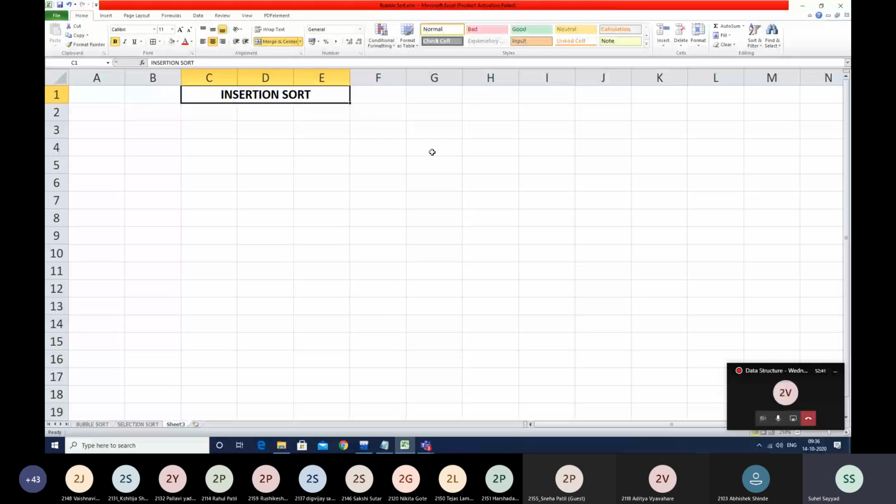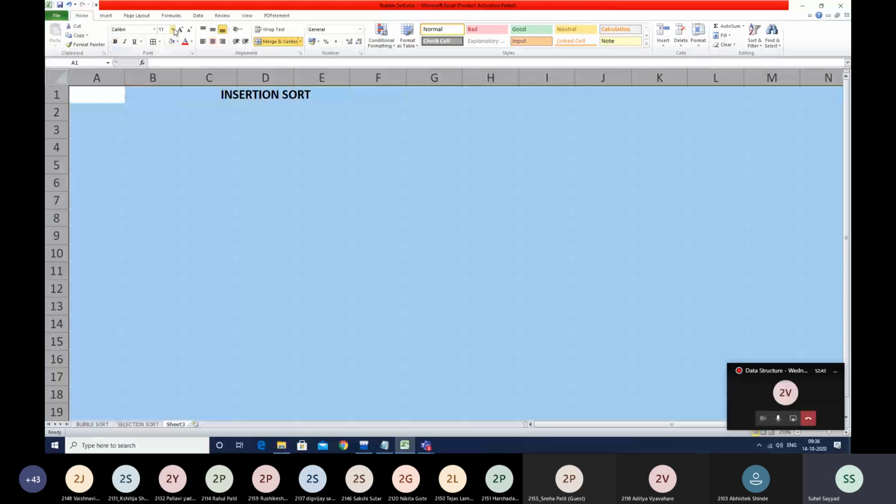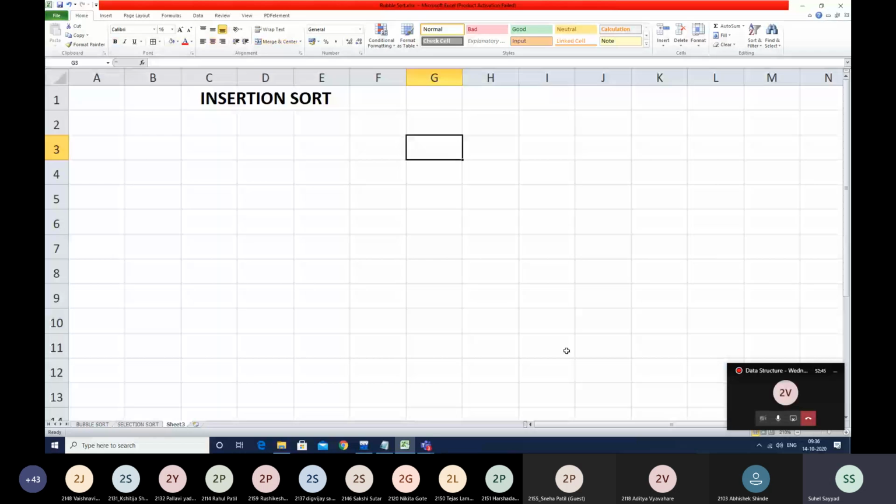You want me to tell it in Marathi or what? How many of you know how to play cards? No one? Don't tell me, then I cannot teach insertion sort. Not a single student in the class?